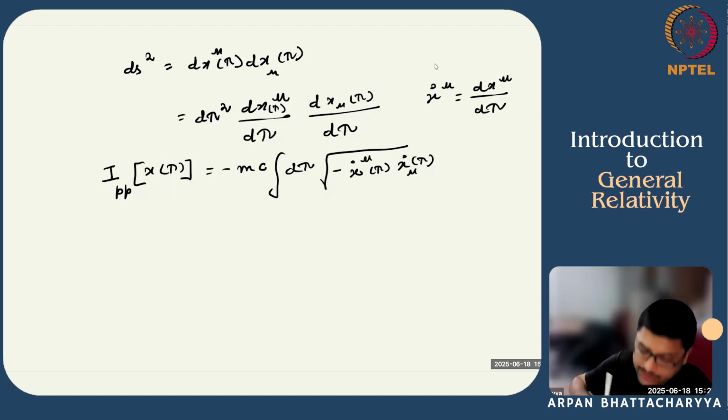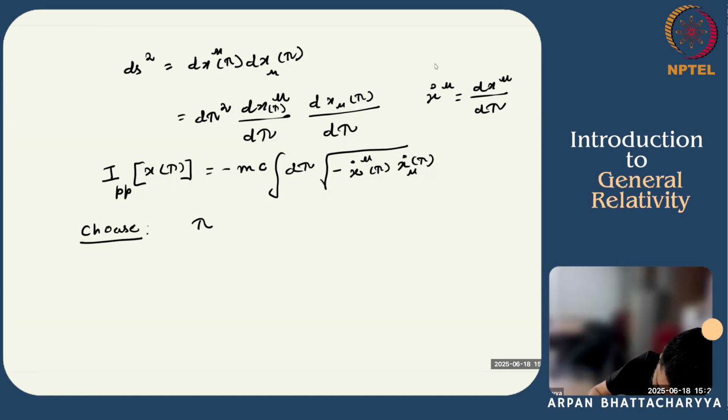Now we will shortly see that there is a freedom of choosing this one-line parameter lambda. We will argue why we can do so. So at this point, you can choose lambda to be anything. So let's choose lambda to be the coordinate time, or the t itself.